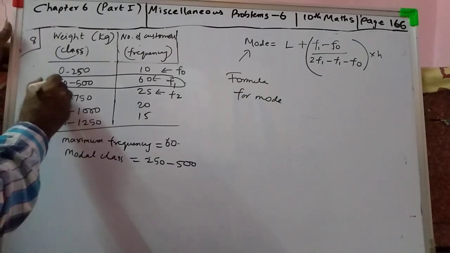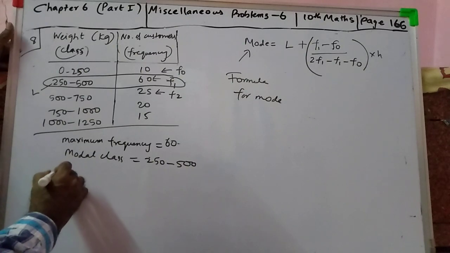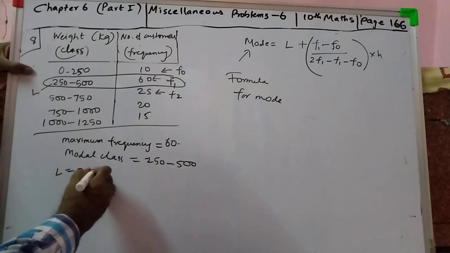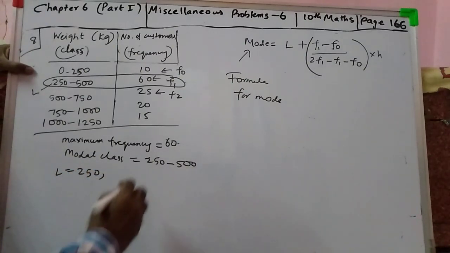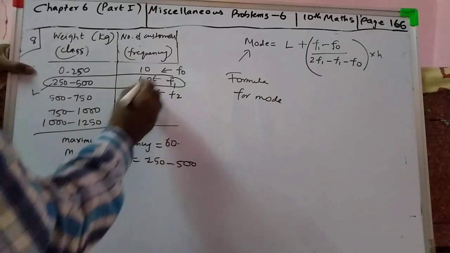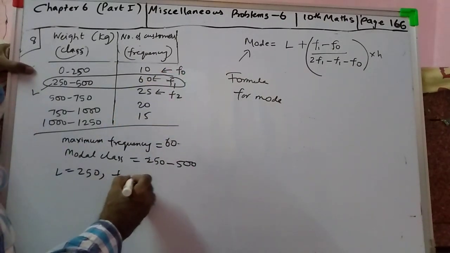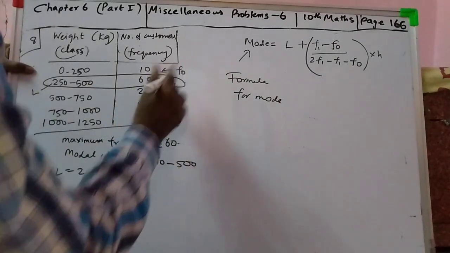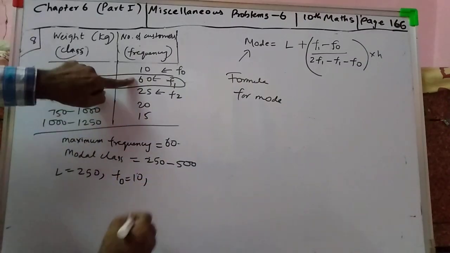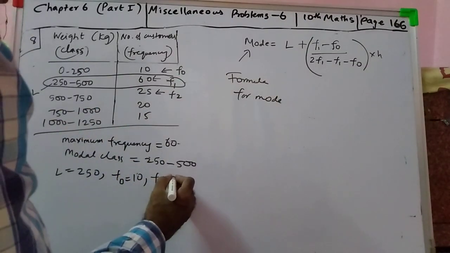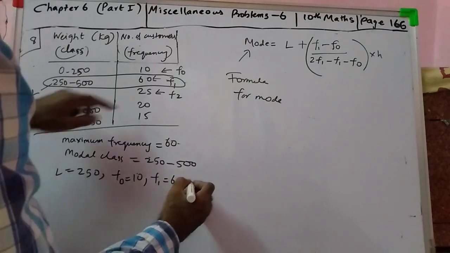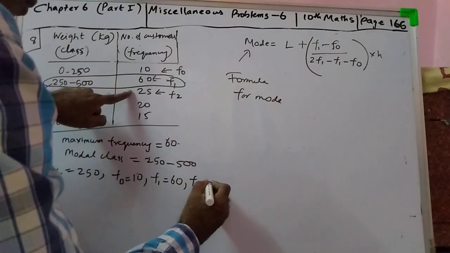Now this is L. L is 250. F0 is 10, F1 is 60, F2 is 25.